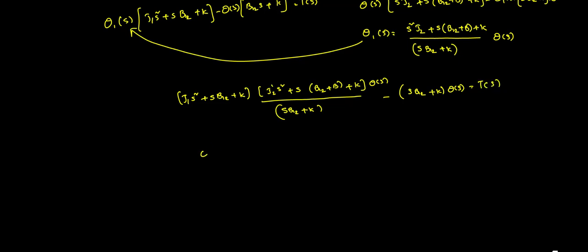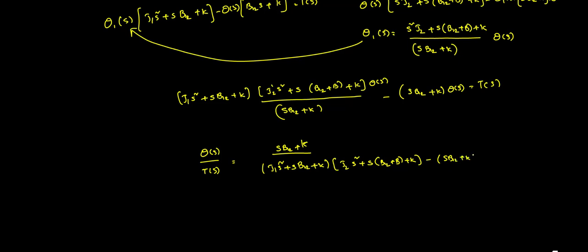Reshuffling that, theta of s by T of s is equal to s B12 plus K divided by J1 s square plus s into B12 plus K, into J2 s square plus s into B12 plus B plus K, minus s B12 plus K whole square.